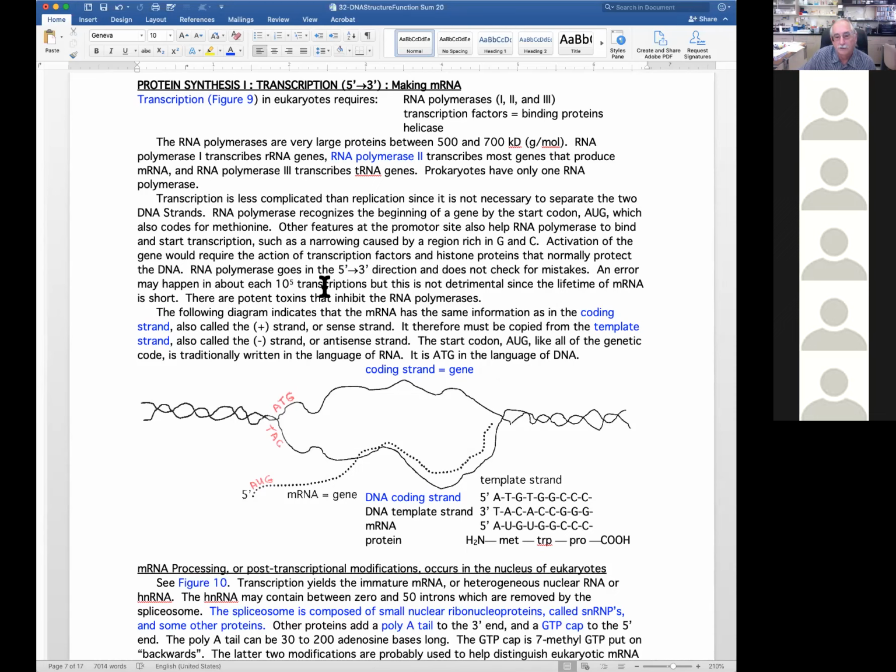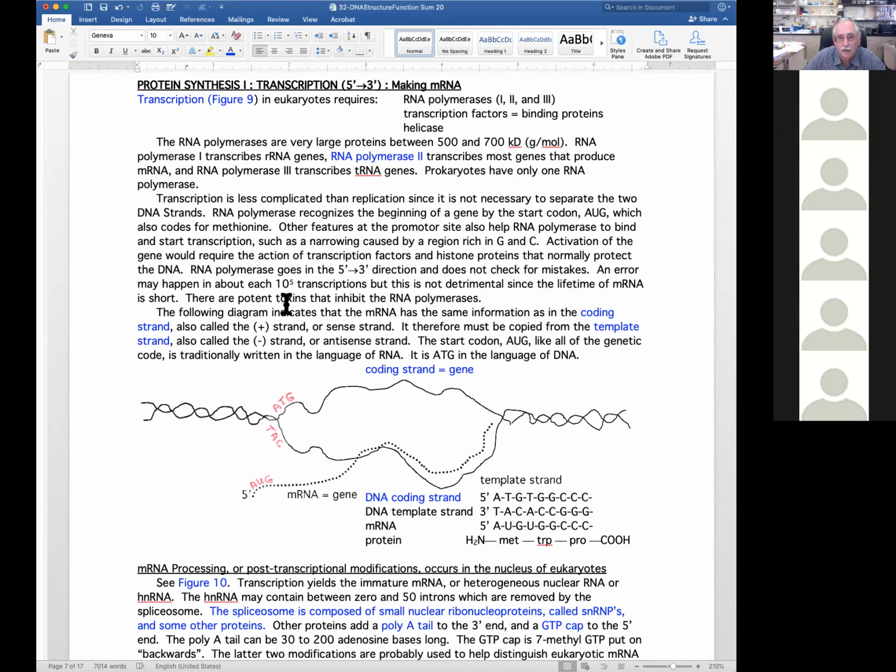The other thing is this. What if you make a mistake in the protein? Is that really that deadly of a mistake? No, because that protein is not going to last forever. If you make a mistake in DNA replication, that mistake is going to last forever, so it could easily kill that cell or cause something like cancer. So again, RNA polymerase goes in the 5' to 3' direction. It does not check for mistakes.